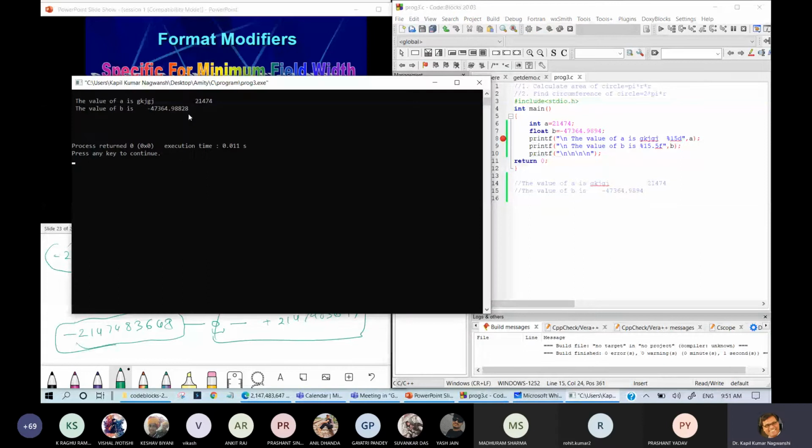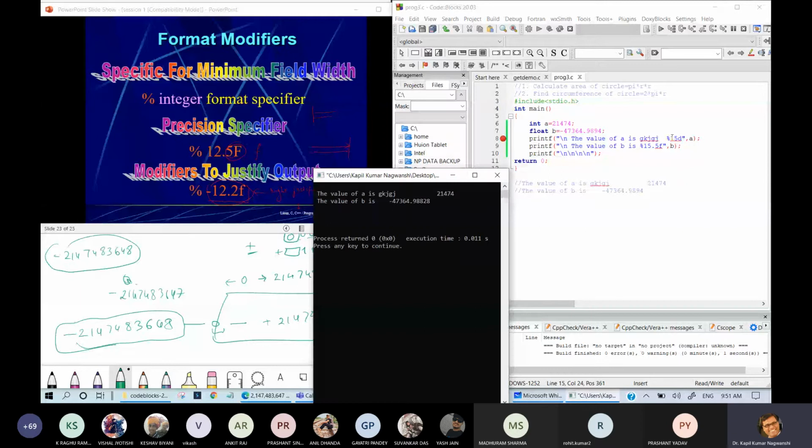Yes or no? Yes, sir. So now you are able to understand how to manage the characters. You need to count the characters and match them so that both are equally aligned.